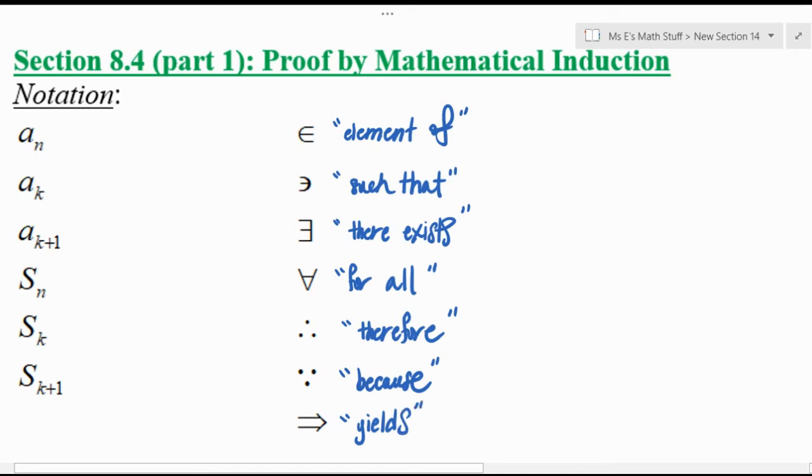So there are some folks, even in our class, who have been using this fairly inappropriately. So you don't want to use this where you should be using an equal sign. Another way of saying this symbol, it means yields or implies.